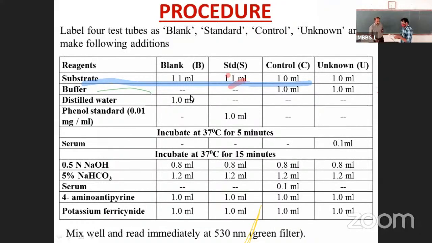In all tubes, 1.1 ml substrate is added. Then add buffer, 1 ml, in control as well as in unknown.